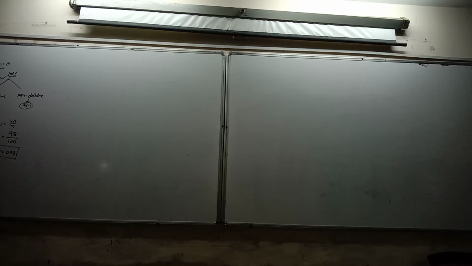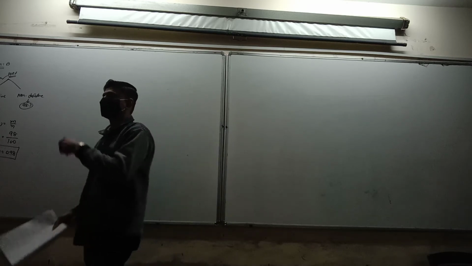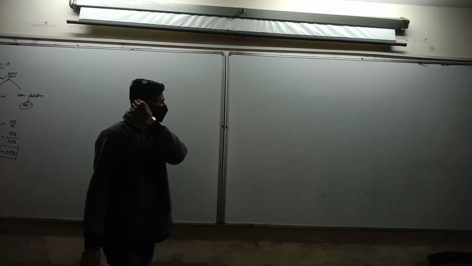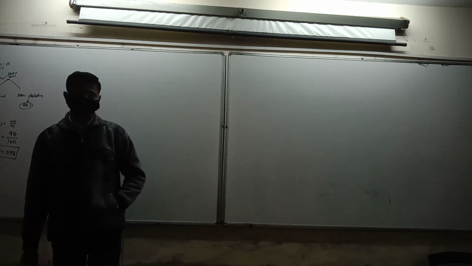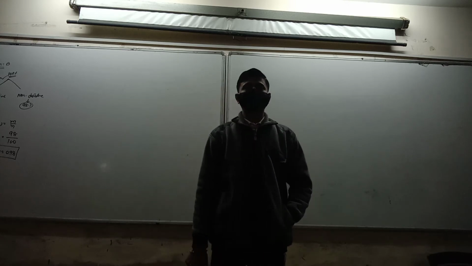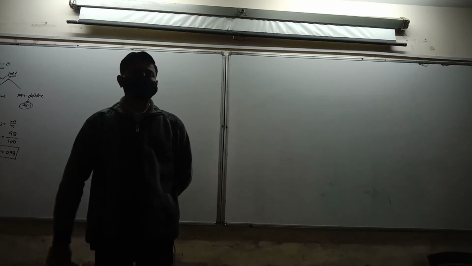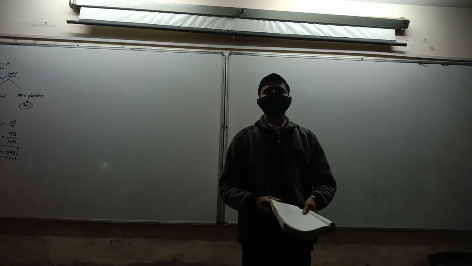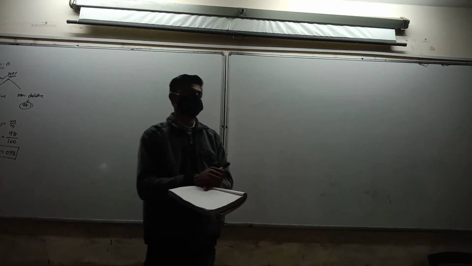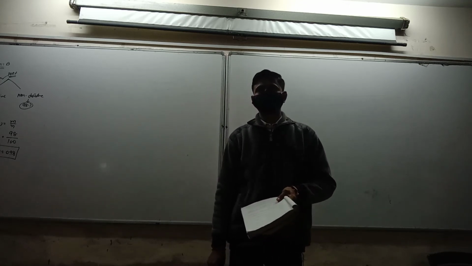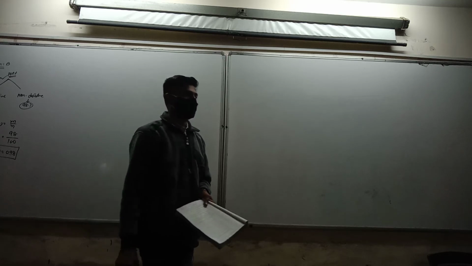Okay, so write down: 2% items are defective, it means remaining 98% items are non-defective. New line, n is equal to 100.